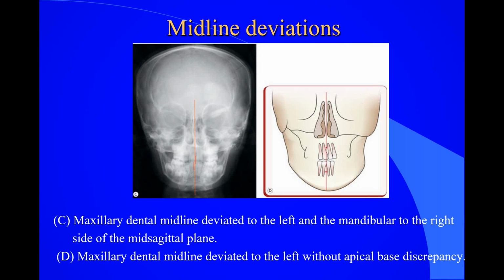It has been found that overjet and dental crowding or spacing were considered to be more significant factors than midline deviation in determining self-satisfaction with dental appearance.